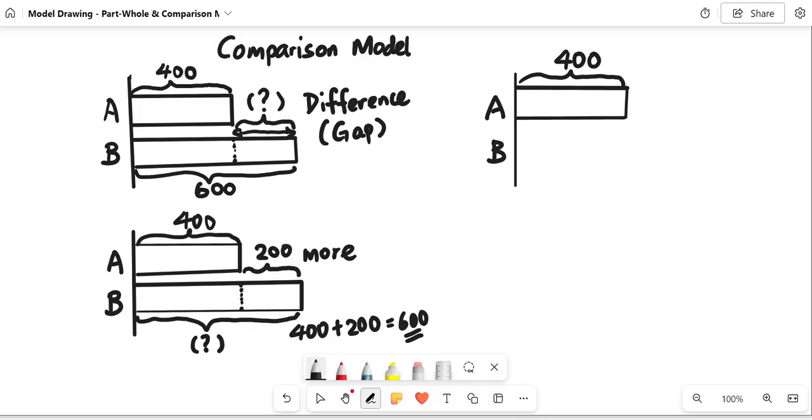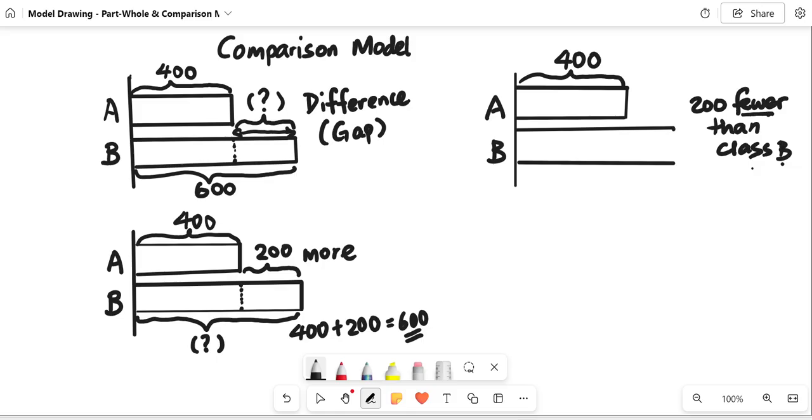It's class A collected 200 fewer bookmarks than class B. So class A collected fewer than class B. Hence, this model, with the word fewer, it doesn't mean that they have to subtract. In fact, class B collected more than class A, and therefore class B model should be longer.